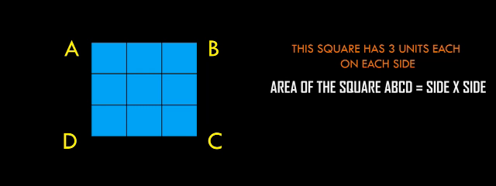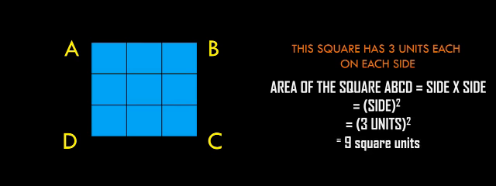Area of the square ABCD is equal to side into side, which can also be written as side square, which is 3 units square, which is equal to 9 square units. Here, 9 is a perfect square, as it is a square of a natural number. It does not involve any decimals or fractions.